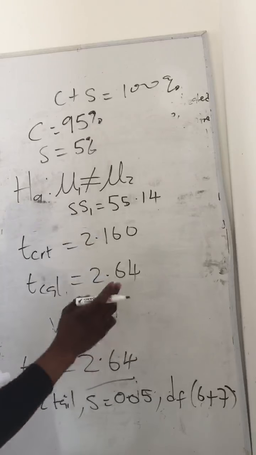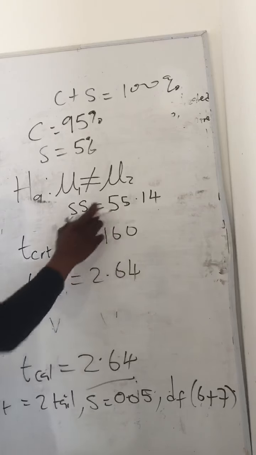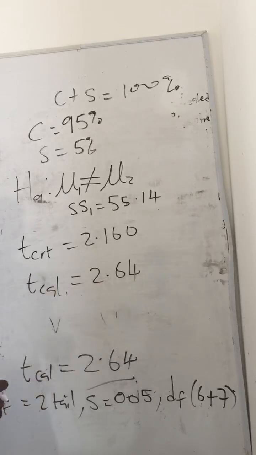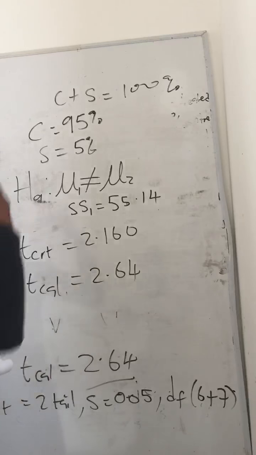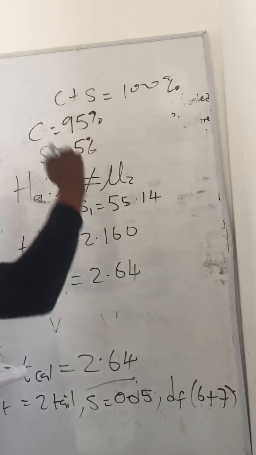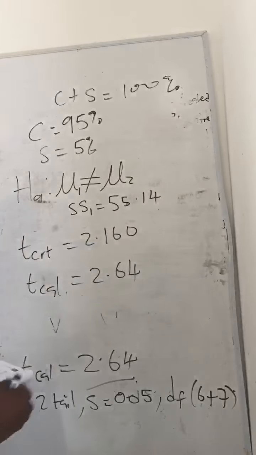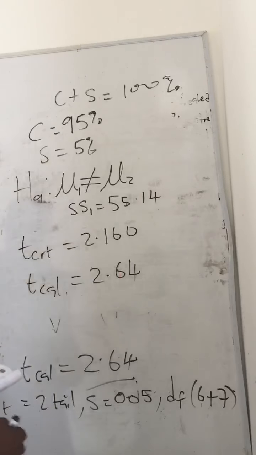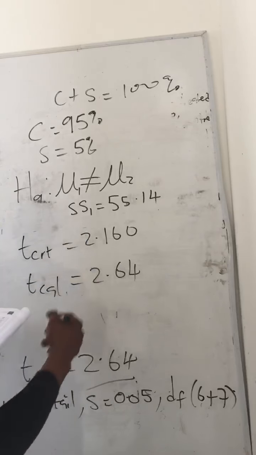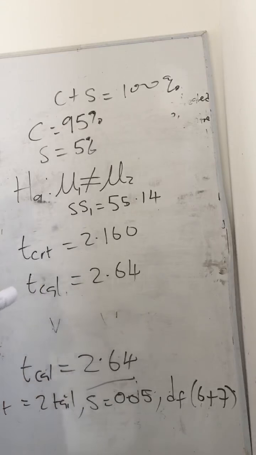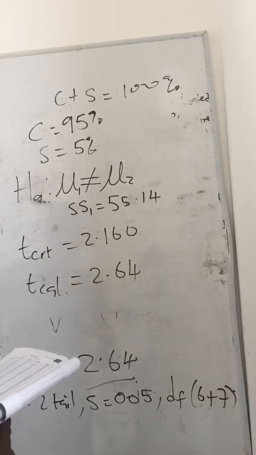Oh no, sorry. The T calculated is higher than T critical, so we reject the null hypothesis. Remember we said if the T calculated is greater than the critical T value, we reject the null hypothesis. The null hypothesis will be rejected.